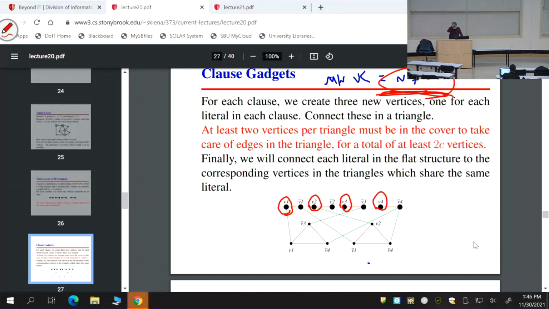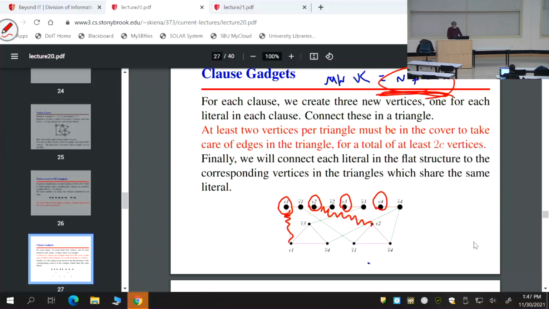Why do I know it? Because there is an edge from one of these vertices to every one of my clause gadgets. See that? V1, V2, V3, V4, all being true, is a satisfying assignment.